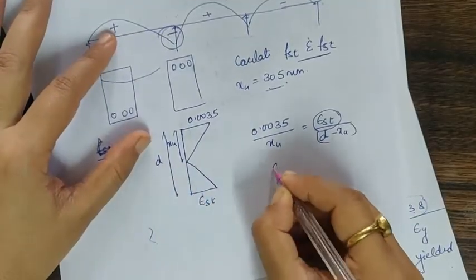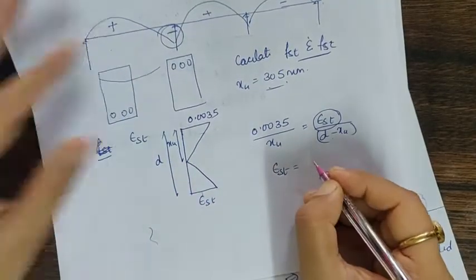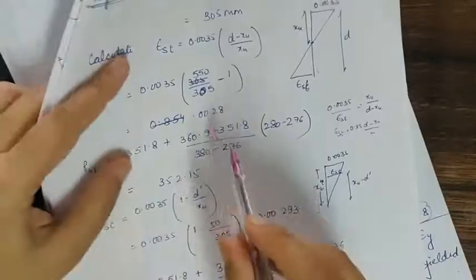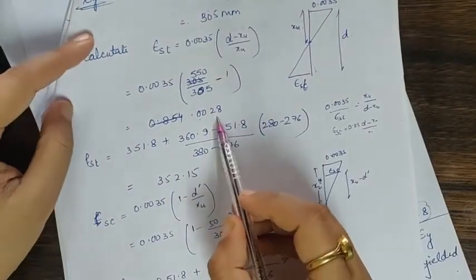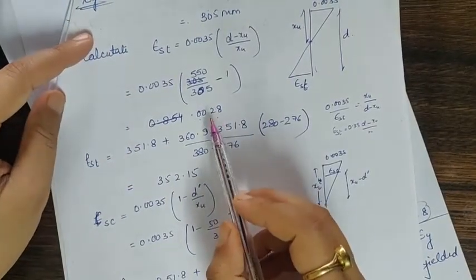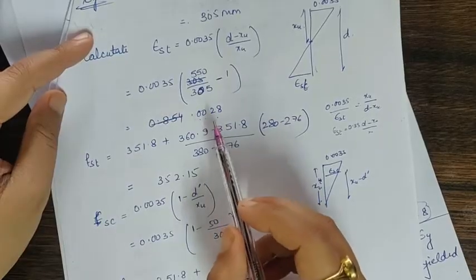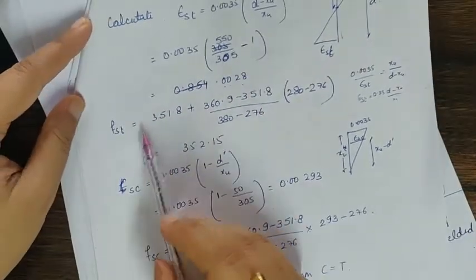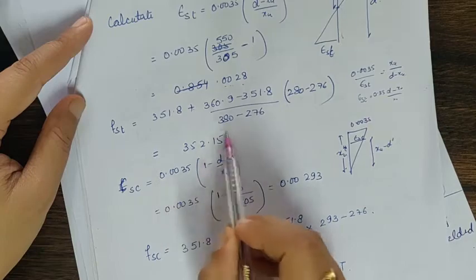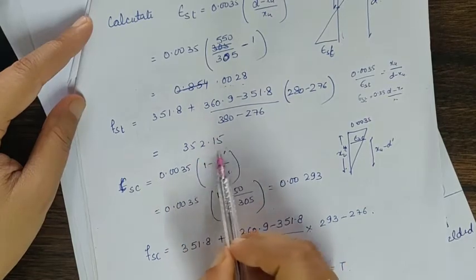I have calculated epsilon ST in this case, it is coming out to be 0.0028. Again by using the same table, table A, by linear interpolation I will be calculating FST.